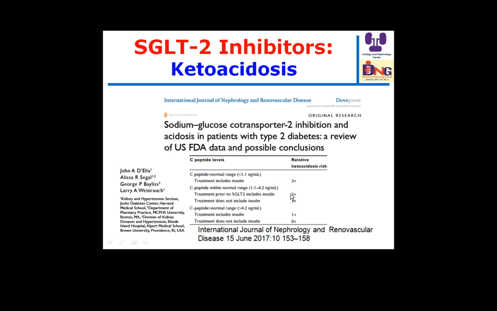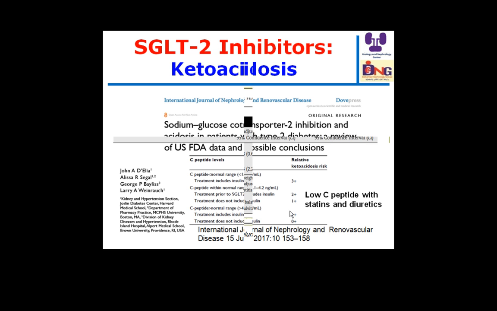This means that the patient needs insulin. And if the treatment doesn't include insulin, it increases it by 1 fold. However, if C-peptide is above 4.2 and the treatment includes insulin, the risk is 1. If there is no insulin, the risk for euglycemic ketoacidosis is 0.